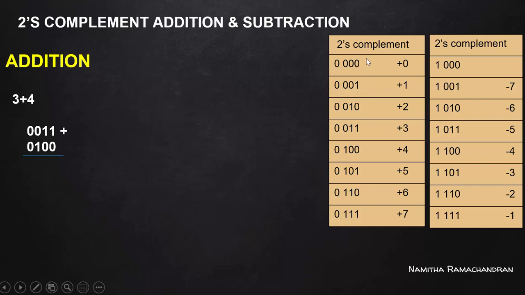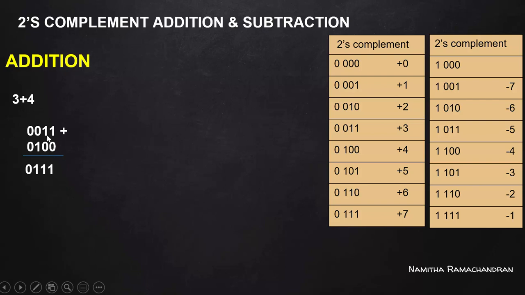But the 2's complement representation of a negative number is not equal to the 1's complement representation of the same negative number. Negative numbers may have different representations in 1's complement form and 2's complement form, but positive numbers have the same representation in all these forms. So we can add these two directly.